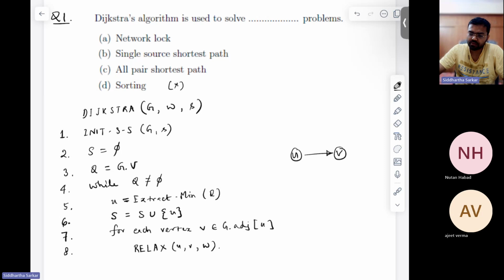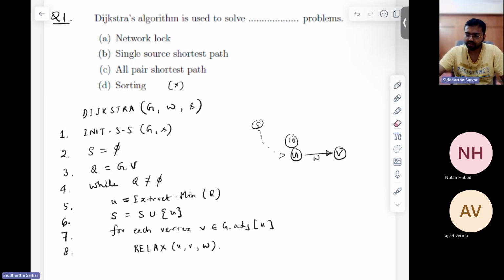So if U is reachable, say with distance 10 from the source, then what is relax? There is an edge UV, so V must be reachable with cost 10 plus the weight of UV from the source, because U is reachable with cost 10. This is an example of it.